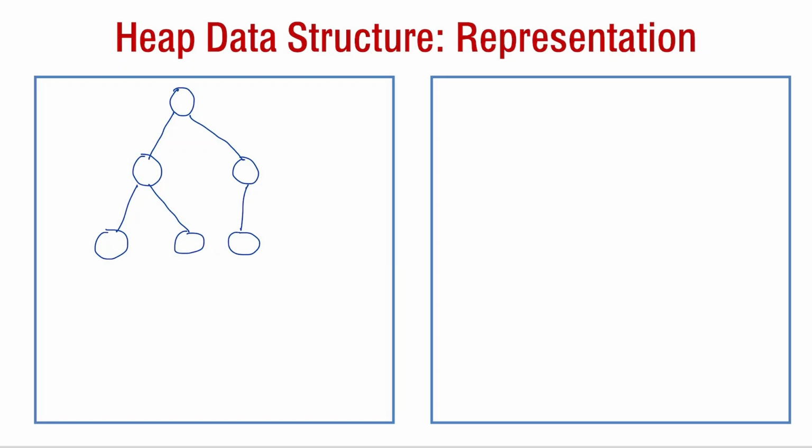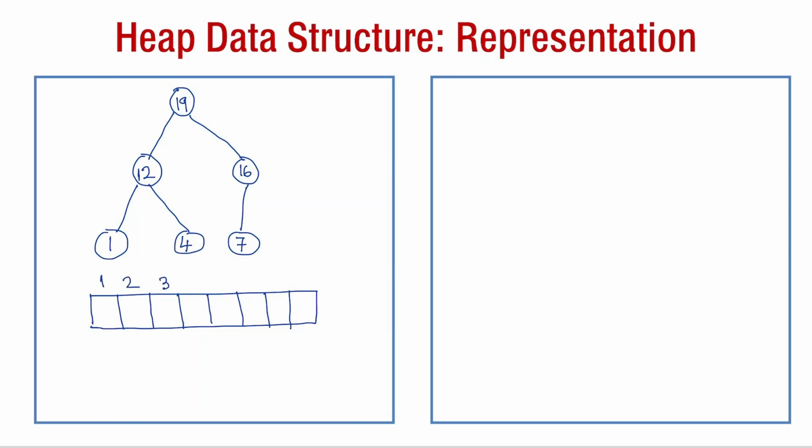The values of the heap are 19, 12, 16, 1, 4 and 7. Now there are these 6 nodes here, so I can use an array, and I can have the cells of an array, 1, 2, 3, 4. Suppose I take an array like this.